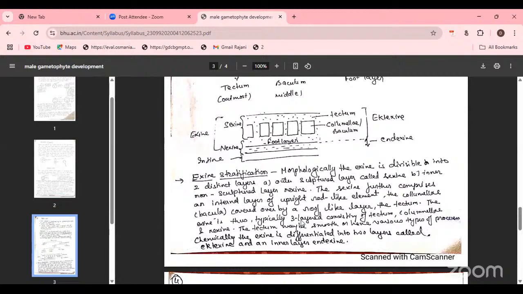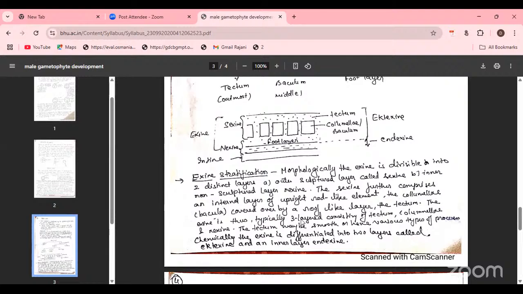Exine stratification. Morphologically, the exine is divisible into two distinct layers: an outer sculptured layer called sexine, and an inner non-sculptured layer, nexine.